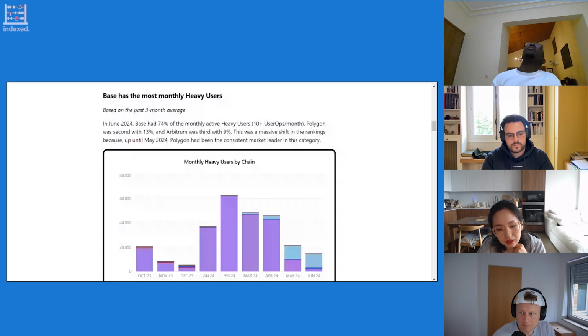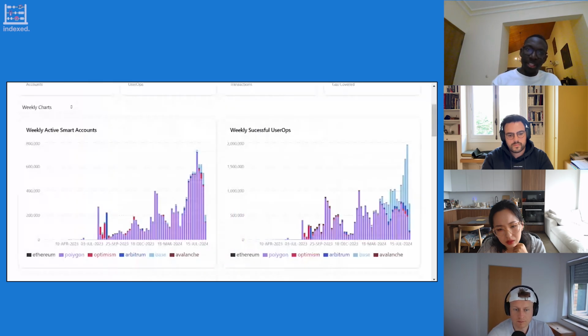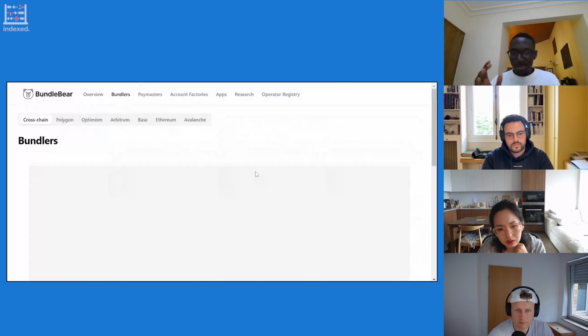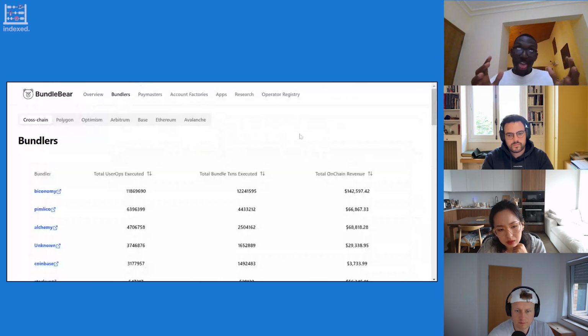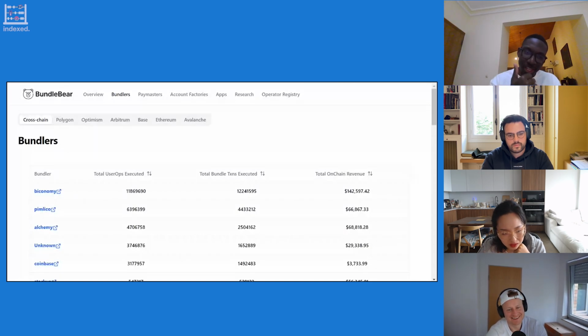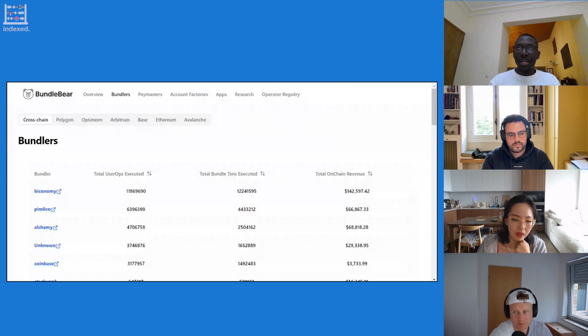In terms of if you're an app developer and you want to start using this stuff, right now, Florian was just about to talk about bundlers. There are a lot of 4337 wallet-as-a-service type providers out there who will happily show you the SDK that makes it really easy to add embedded smart accounts into your app, so that people can just sign in and they get an account given to them.